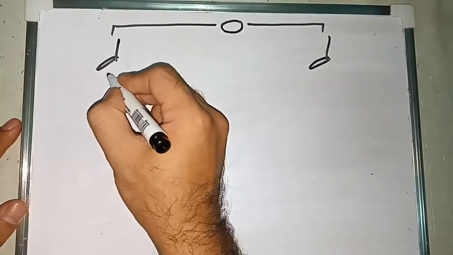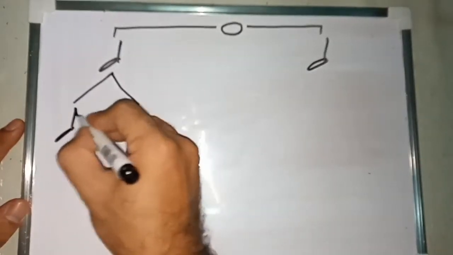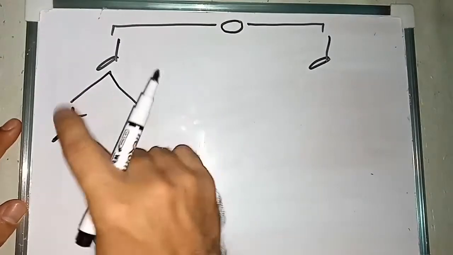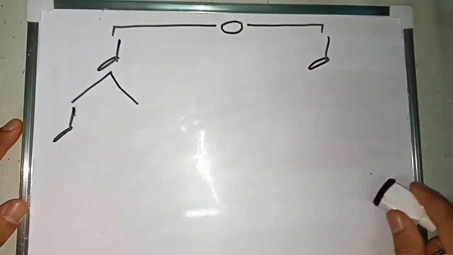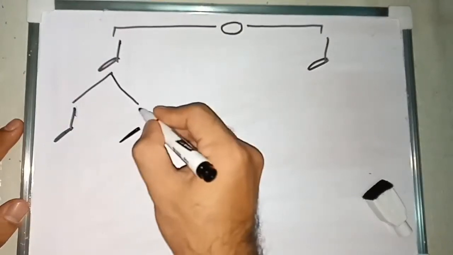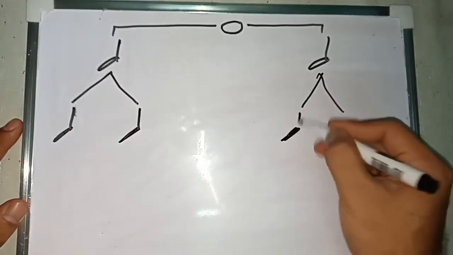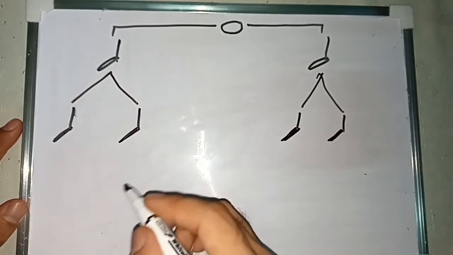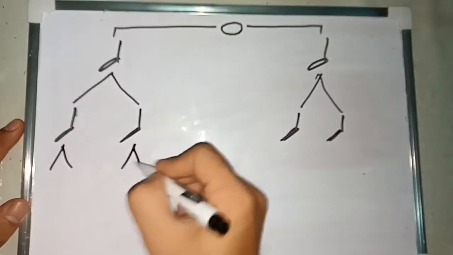Then under the half note we have quarter notes. For each quarter note, they have eighth notes.